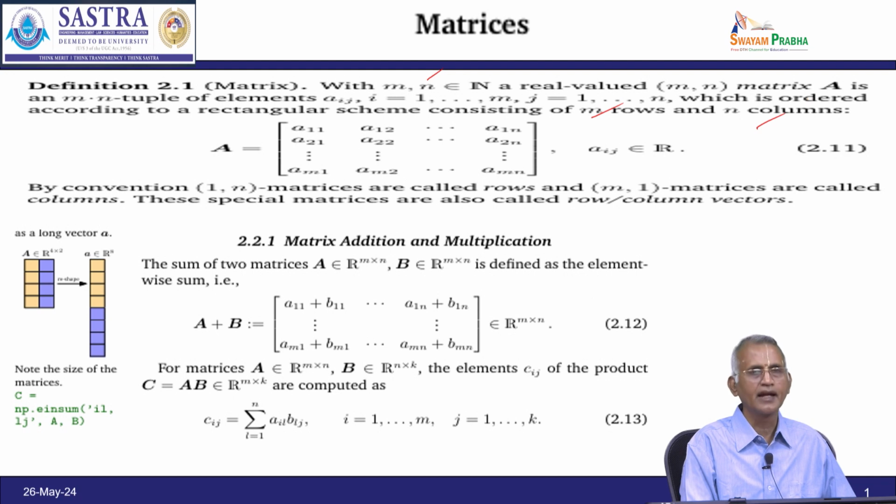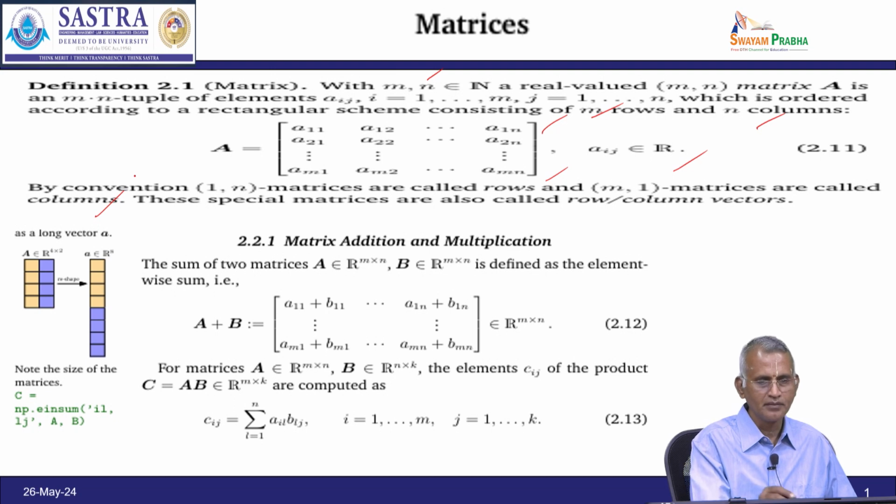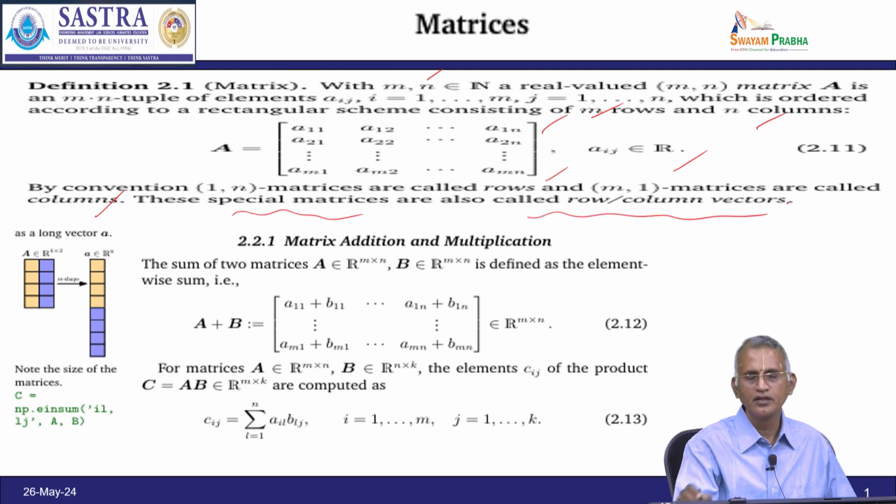That is, A can be represented as A11 (first row, first column), A12 (first row, second column), A13 and so on up to A1n, then A21, A22, up to A2n, and so on, Am1, Am2 and so on up to Amn, where Aij belongs to R. By convention, 1 by n matrices are called rows and m by 1 matrices are called columns. These special matrices are also called row and column vectors.